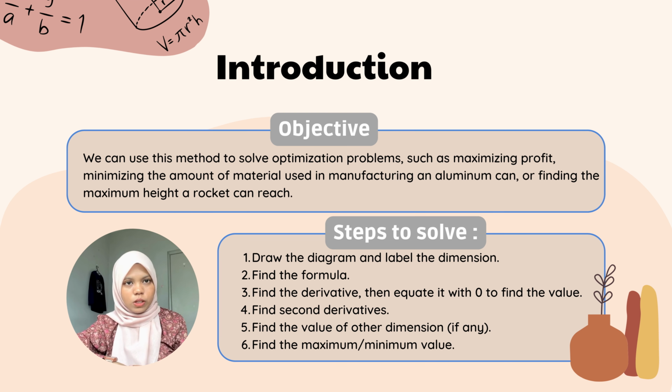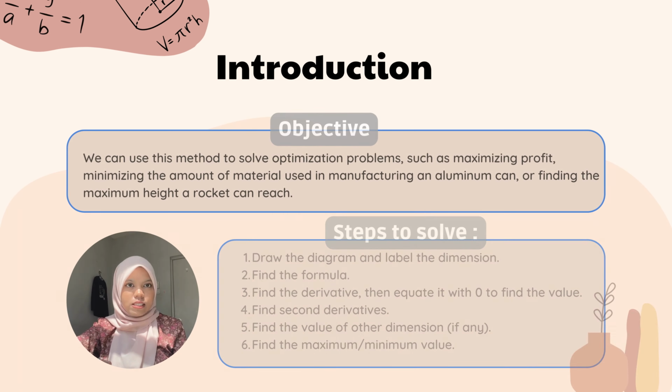We can use this method to solve optimization problems, such as maximizing profit, minimizing the amount of material used in manufacturing an aluminum can, or finding the maximum height a rocket can reach.